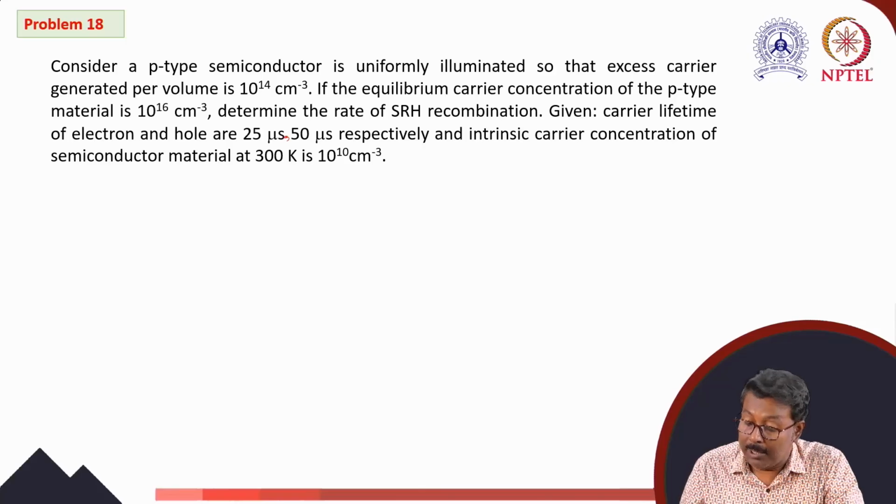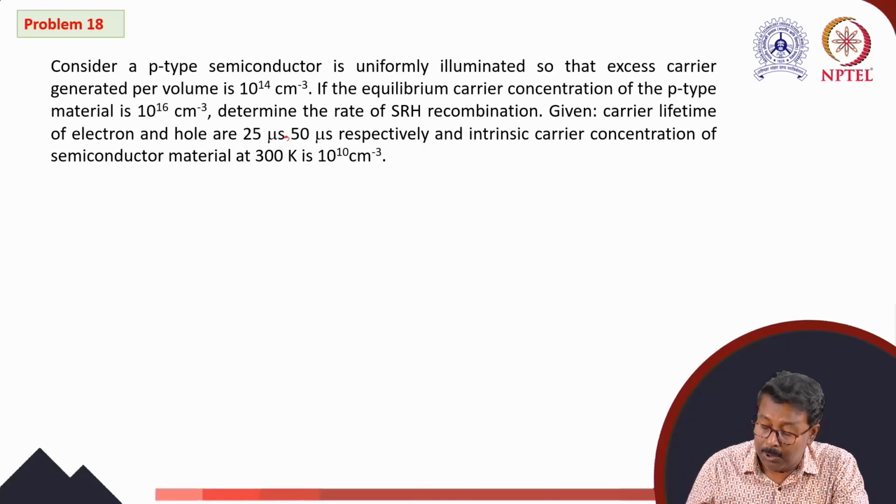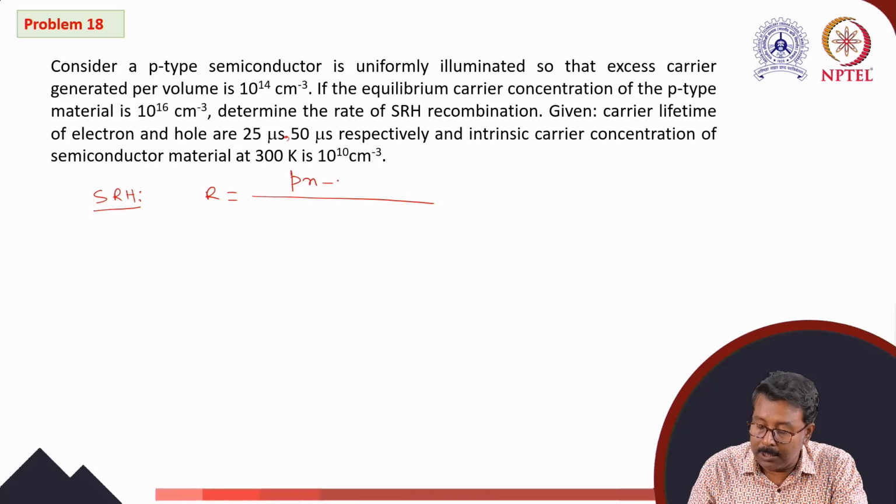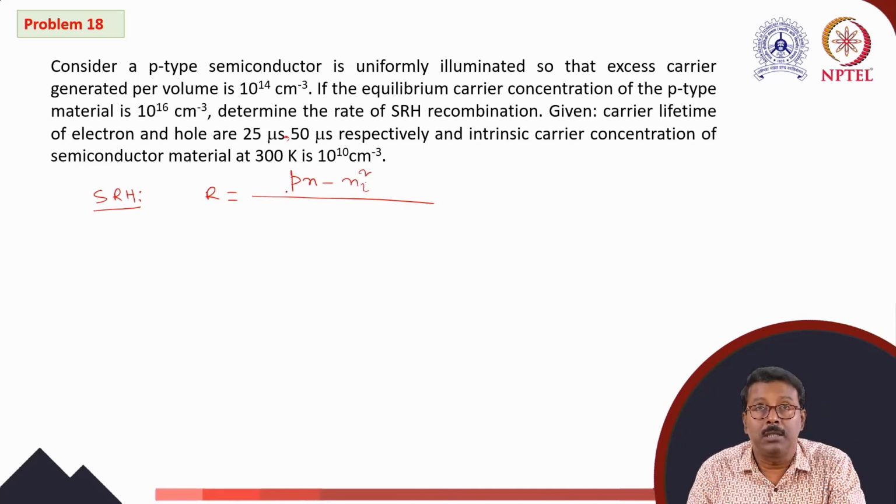Okay, so our intention is to calculate the SRH recombination rate. We know, if you remember the formula, the SRH recombination rate R is equal to pn minus ni square, where pn is the product of hole and electron concentration after illumination.